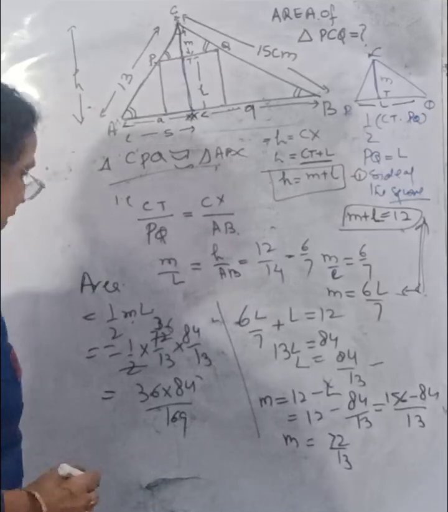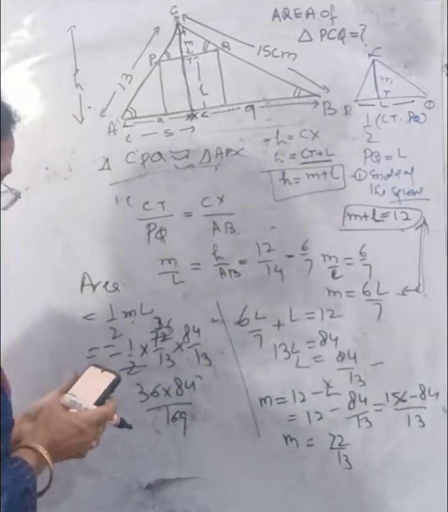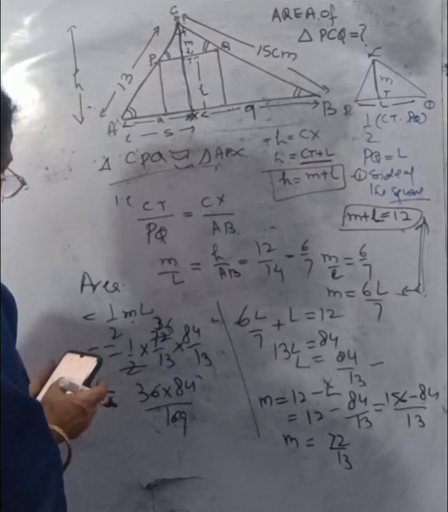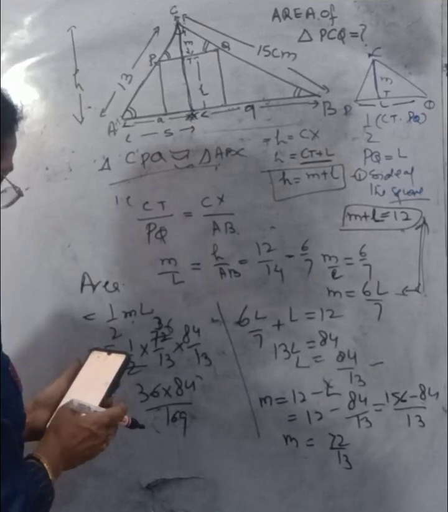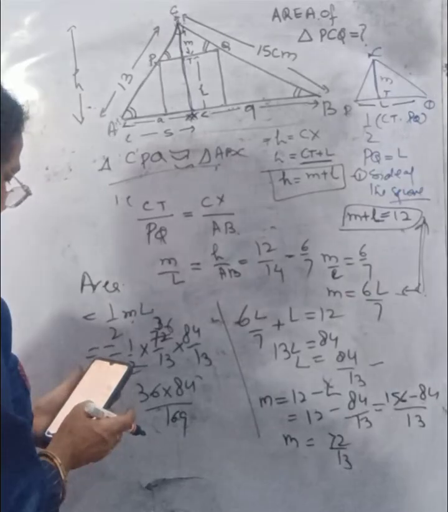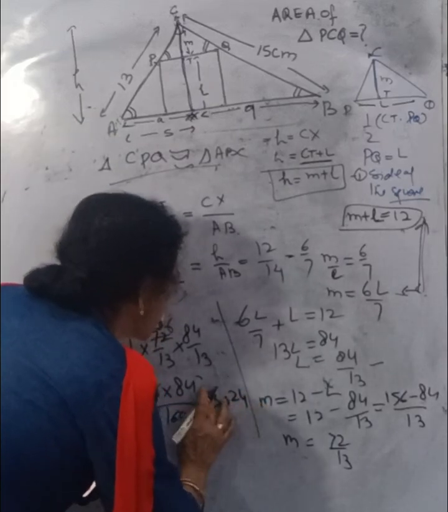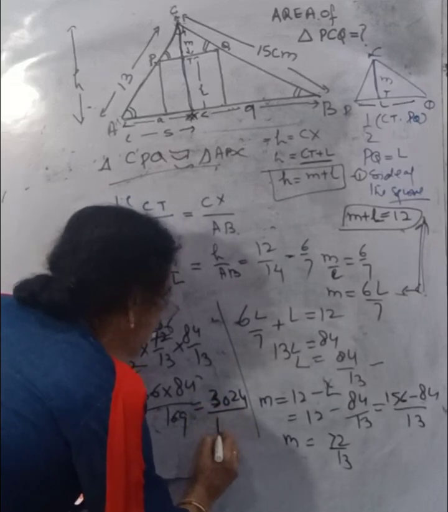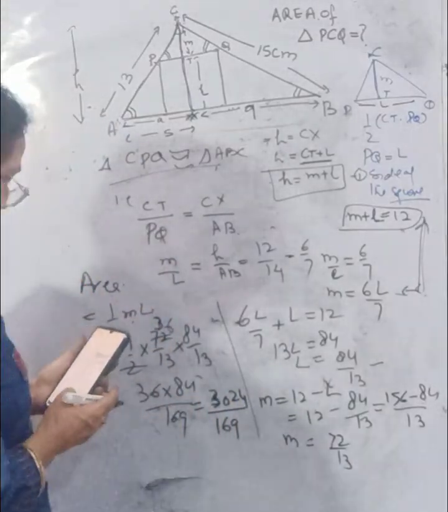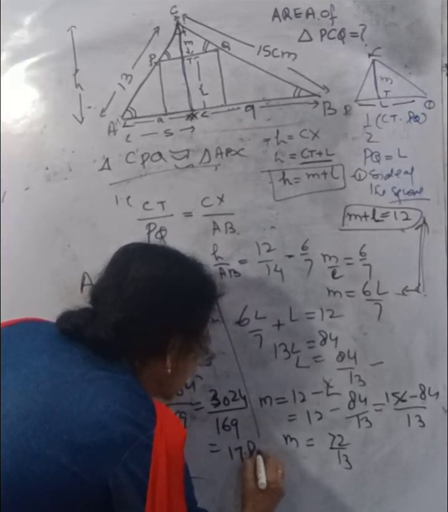Now I am going to calculate it by means of calculator. 36 into 84 will be equal to 3024. 3024 divided by 169 will be equal to 17.89 square centimeters.